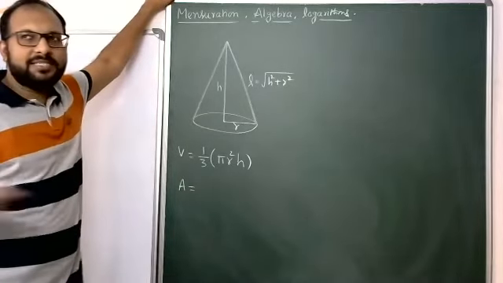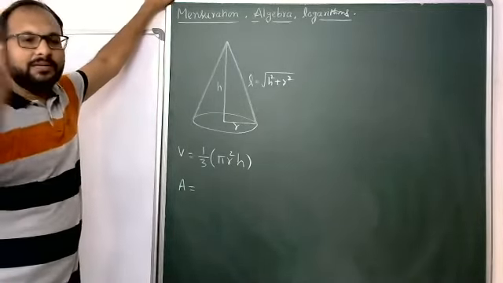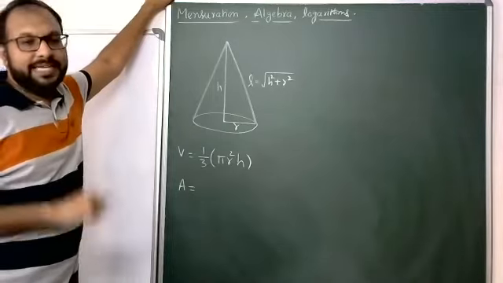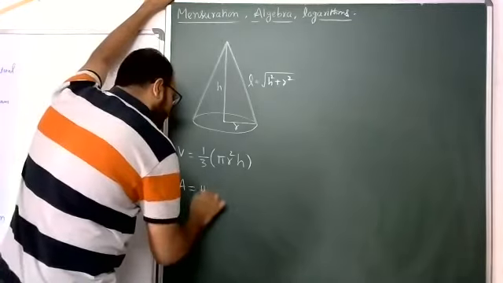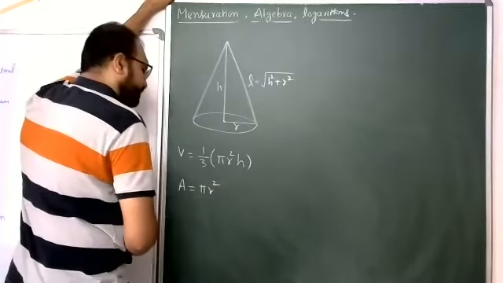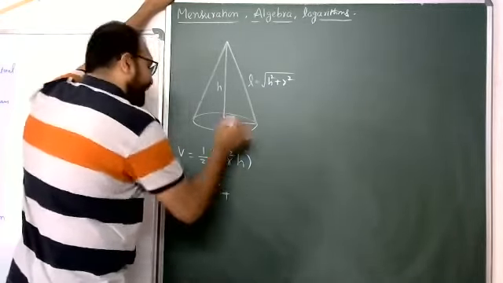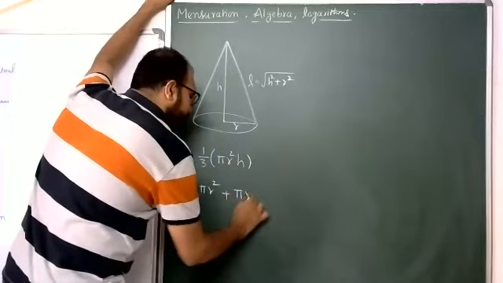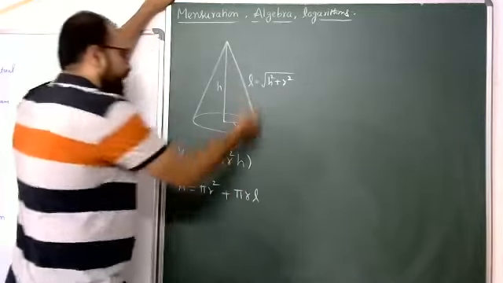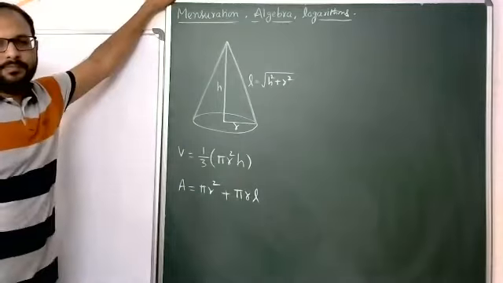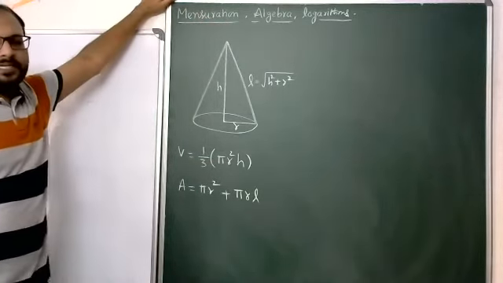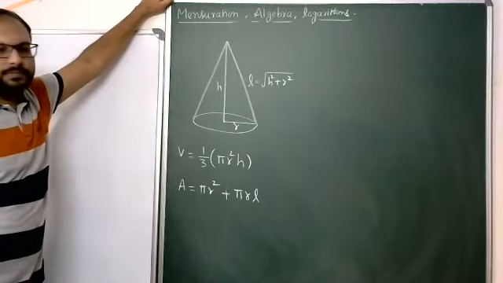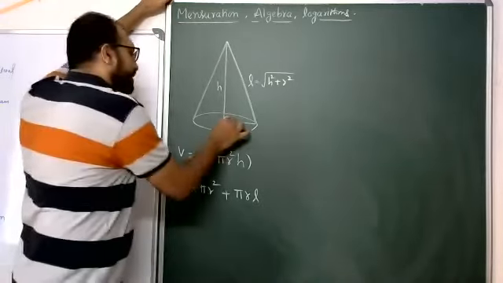One is a flat surface, another is a curved surface, that is the lateral surface. The flat surface, all you know, pi r square. And the next one, lateral, that is pi r into l. So this is related to our right circular cone. This angle is 90.